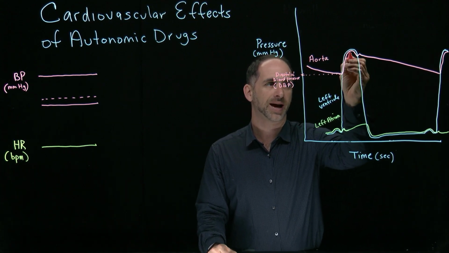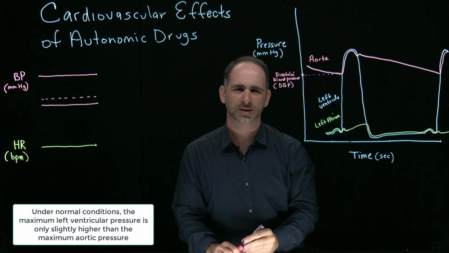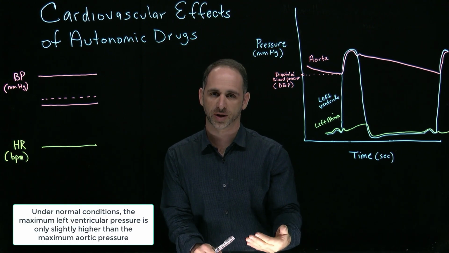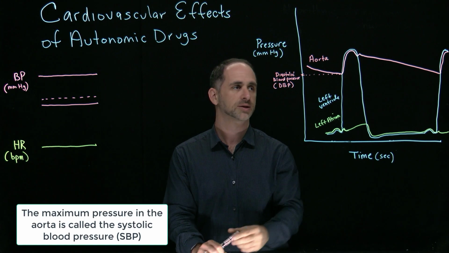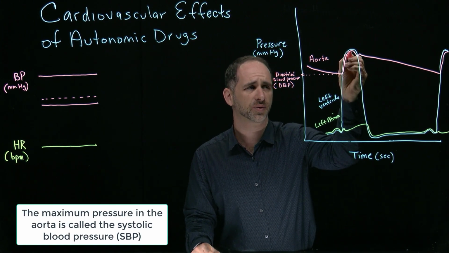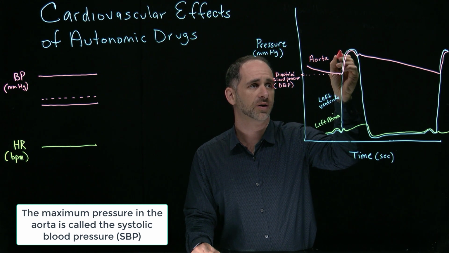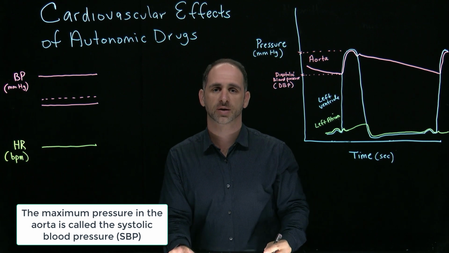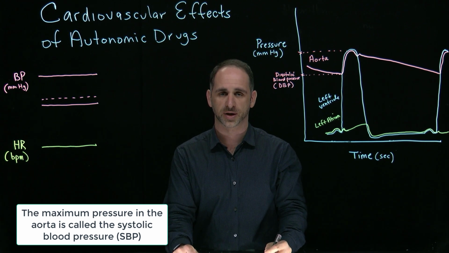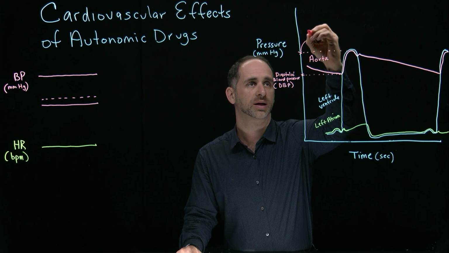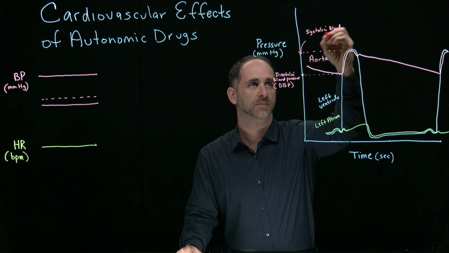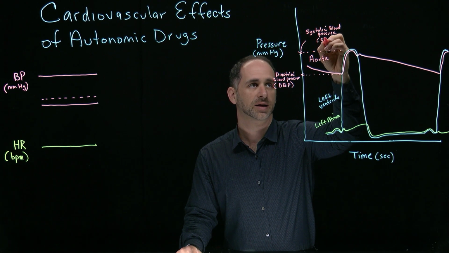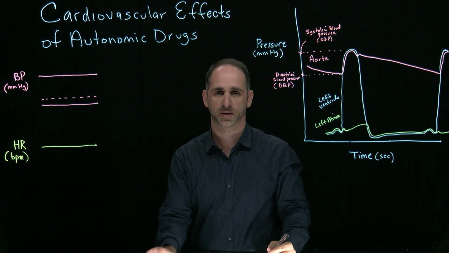Where it reaches its maximum, which is very similar to the maximum left ventricle pressure as long as there's no aortic valve stenosis, at the peak of ejection, that pressure is referred to as the systolic blood pressure.